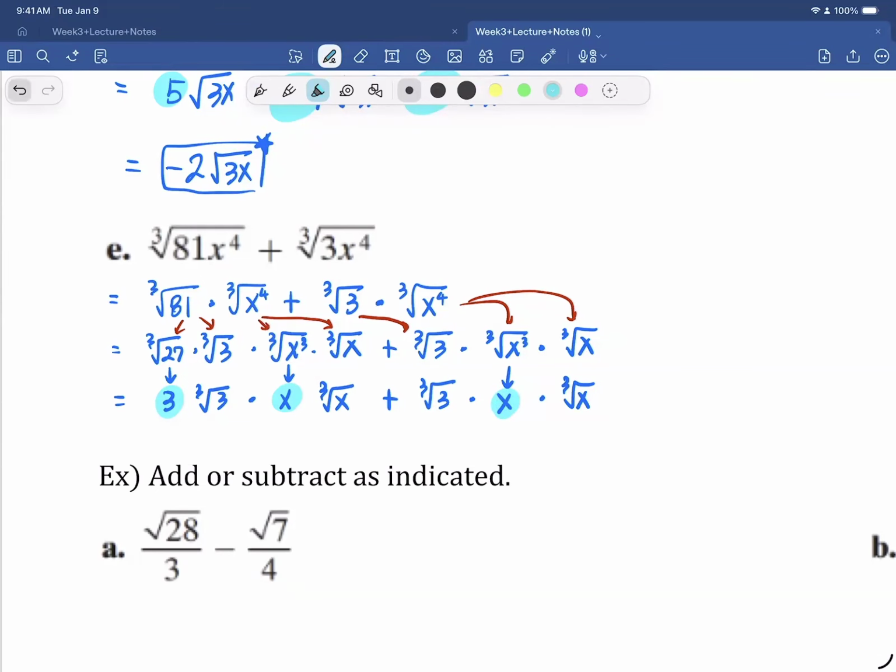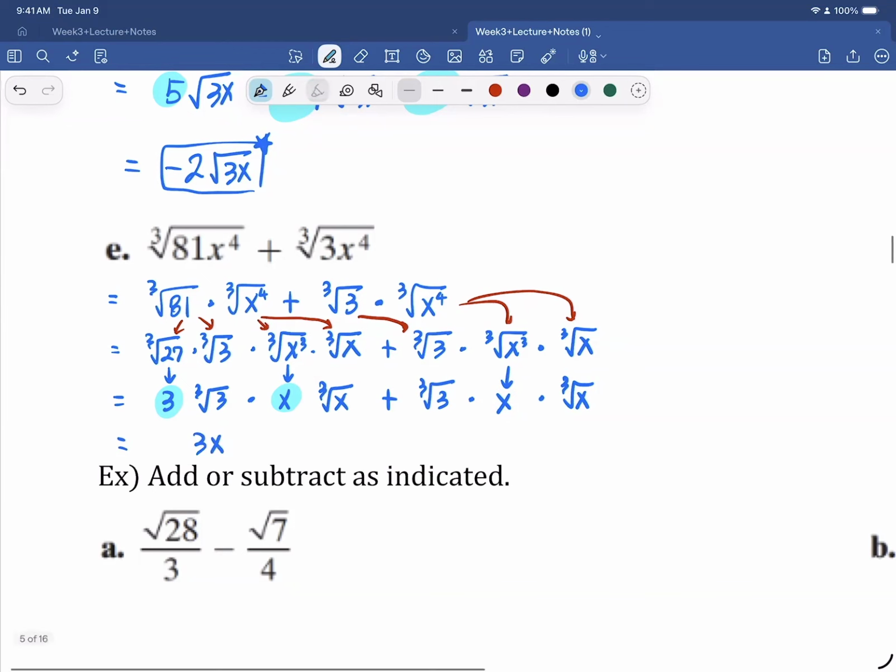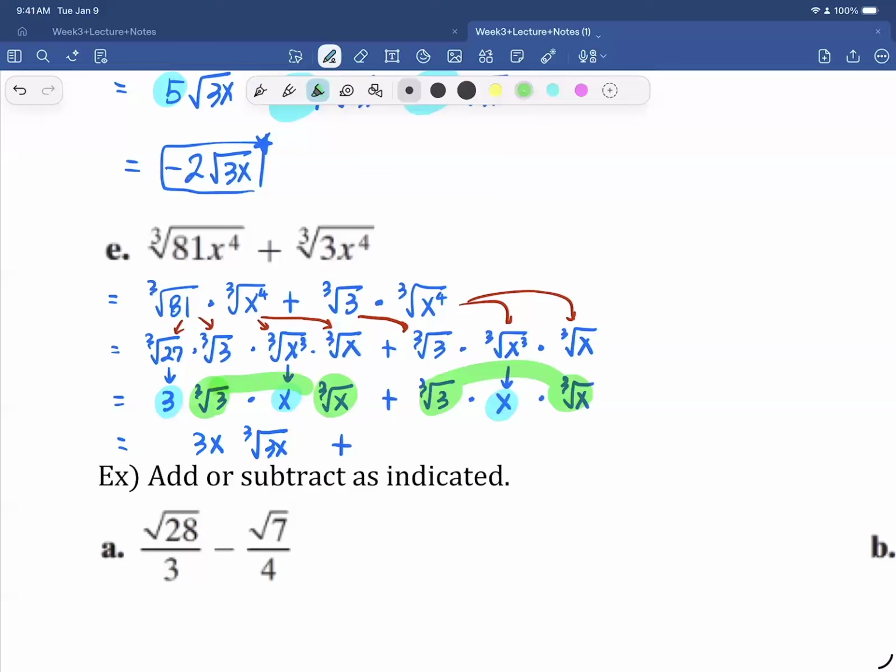So this is 3x, and then you can combine these together. So this is the third root of 3x plus, then we have this x, and then these two are combined together. So that's why it's x, and then third root of 3x.